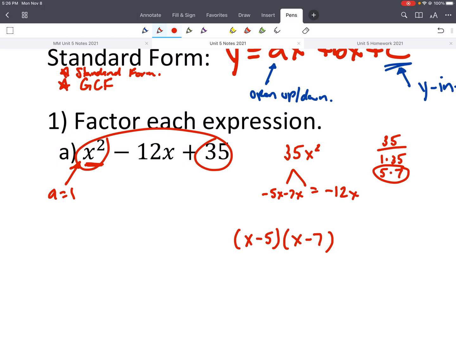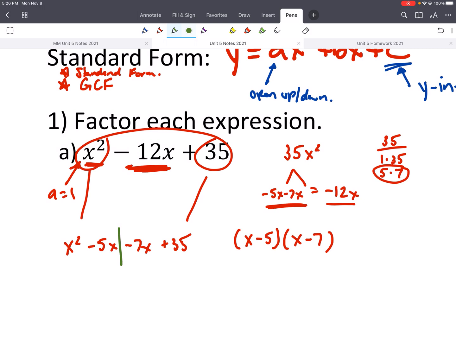If you prefer not to use the shortcut, then we can still do grouping. So we'd do x squared, and we'd replace that negative 12x as negative 5x minus 7x. Those are the same. And we would do grouping, so we would cut that in half. Greatest common factor for the left side would be x, and what would be left would be x minus 5.